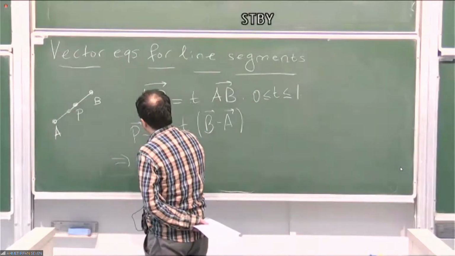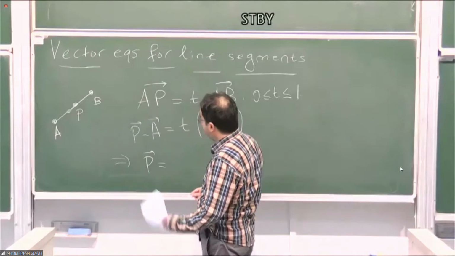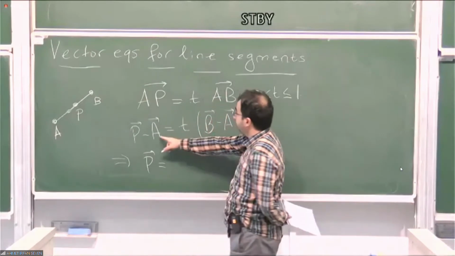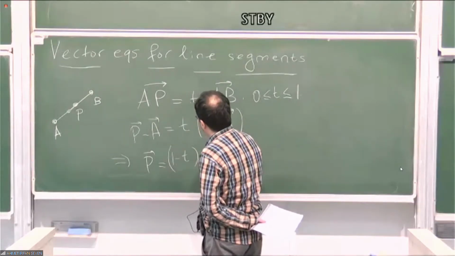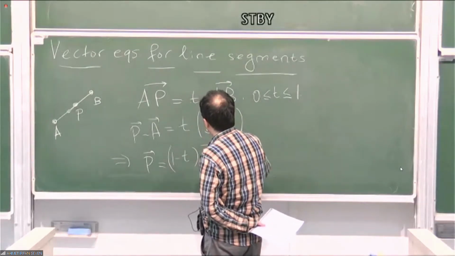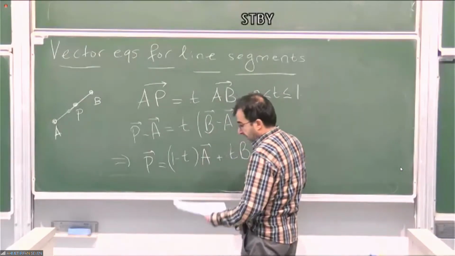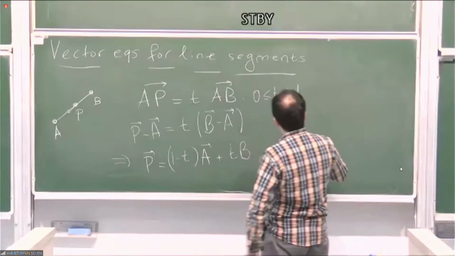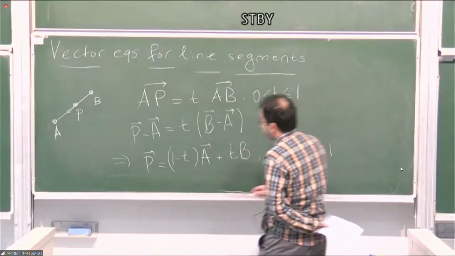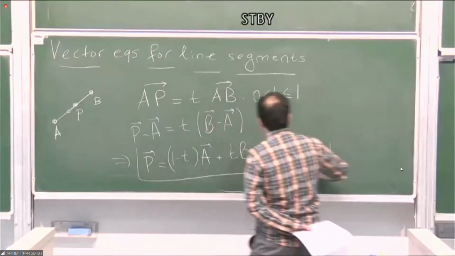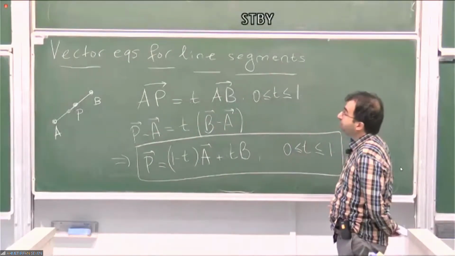Let's take P by itself. So it will be, you see, we have 1 minus T times A plus T times B. With this condition, T is between 0 and 1. This would be our vector equation for this line segment.